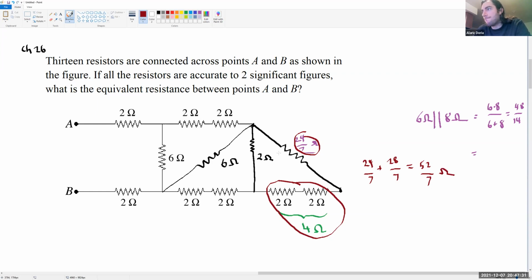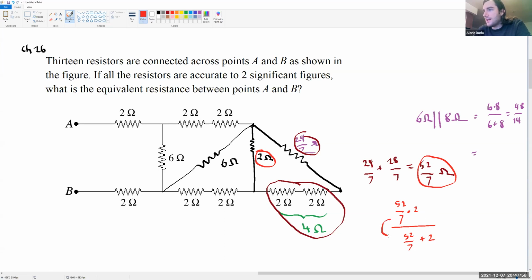Units of ohms there. And then this 52 over 7 is going to be in parallel with this 2 ohm resistor now. So we need to do 52 over 7 times 2 divided by 52 over 7 plus 2. And now you got to put your arithmetic skills to work here.